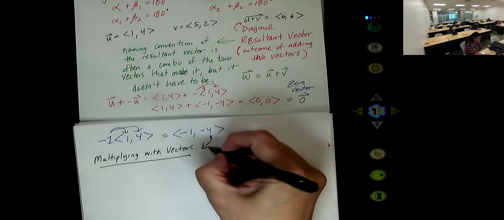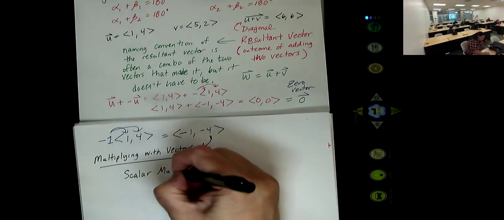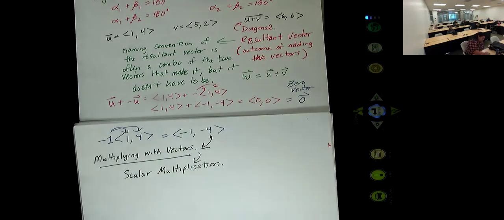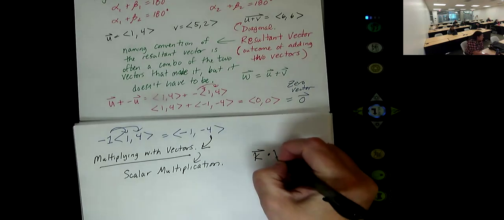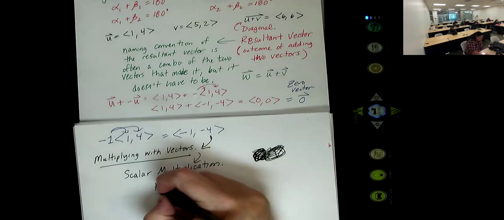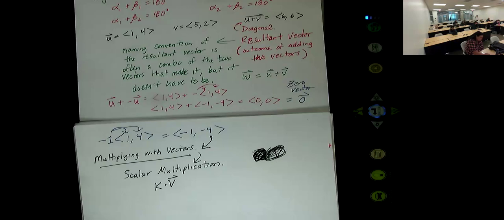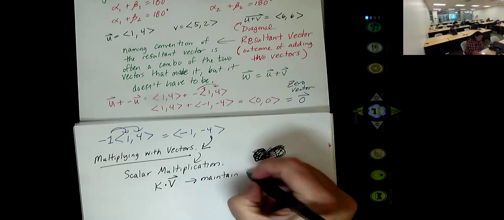What I have here is called scalar multiplication. It's some scalar amount times the vector. It maintains direction but changes length, or magnitude.